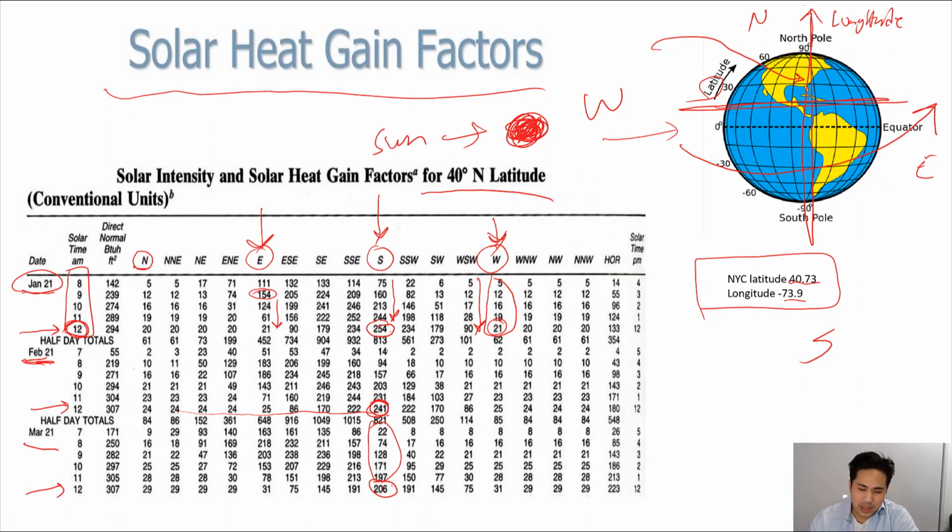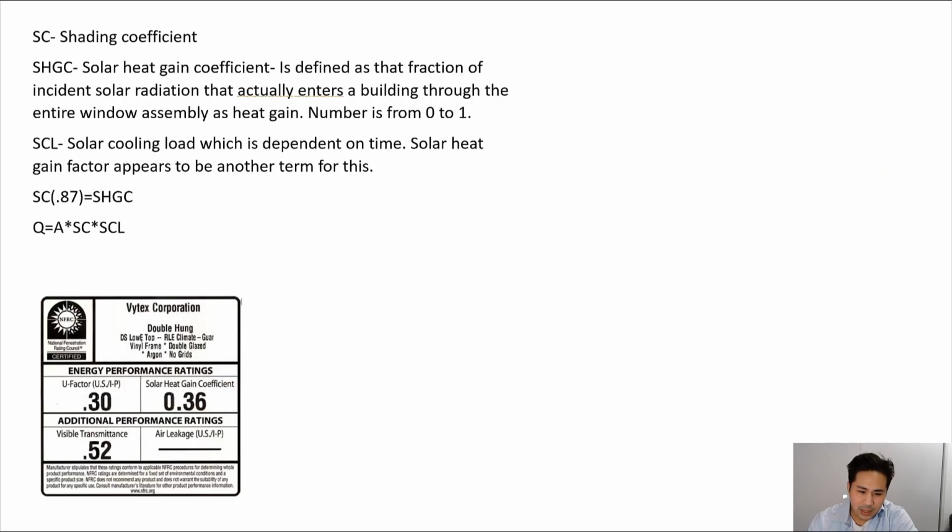Okay, so let's do a quick example of calculating the heat transfer across a window. In this case, the window will have these properties here. Let's say the window has an area of, I'm just making this up, 10 square feet.